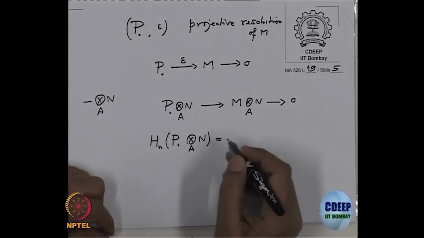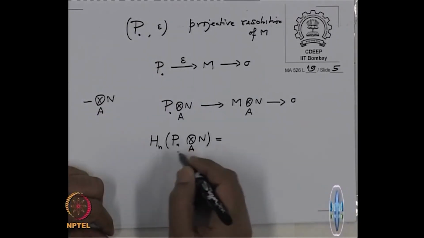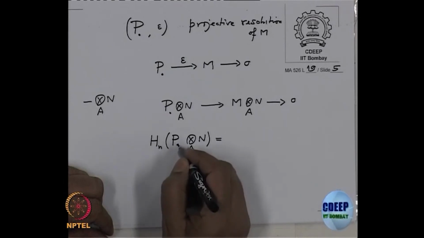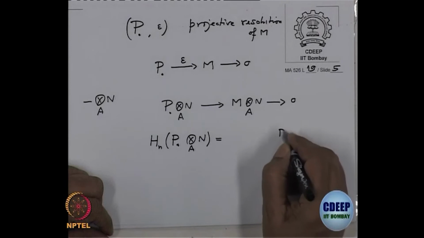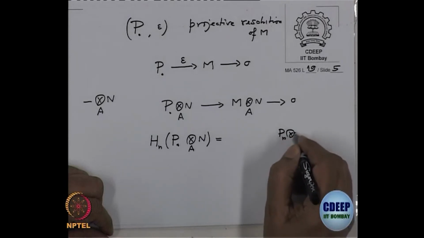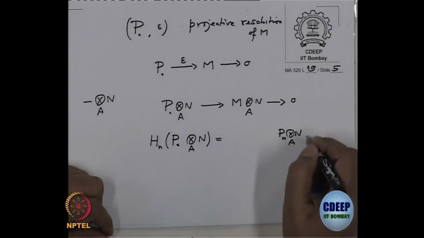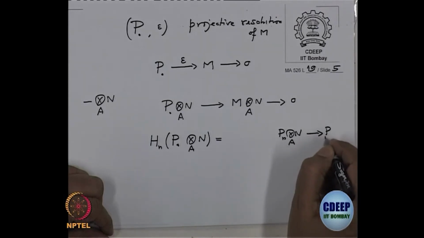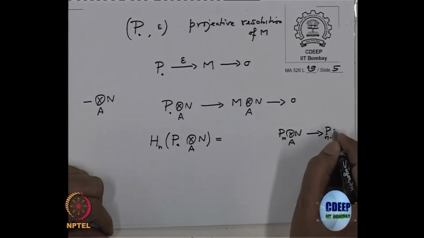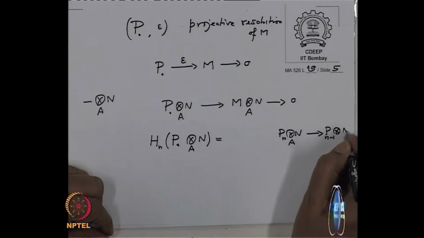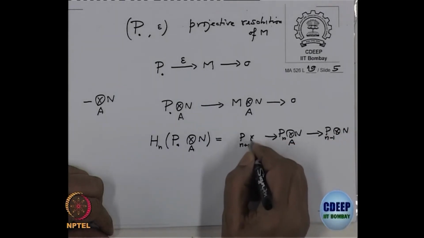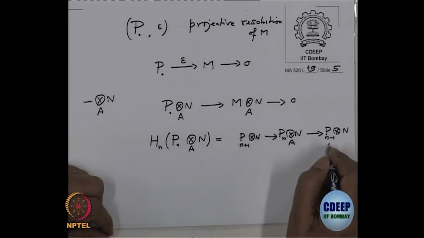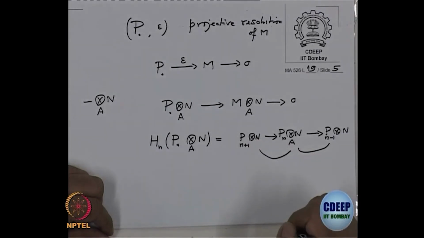At the nth stage, this is Pn tensor N over A to Pn minus 1 tensor N, and the earlier one is Pn plus 1 tensor N, and we are looking at the kernel here, mod image here.